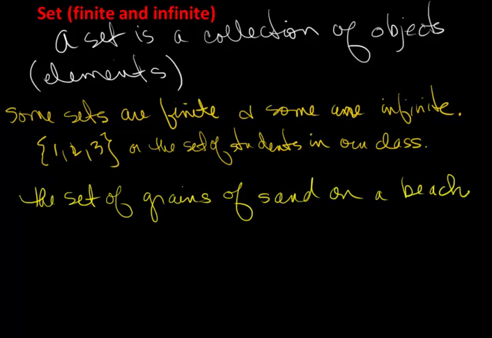Well, we know that that is a finite number of them. At any given time, there is a finite number of grains of sand. They're not infinite. But we don't know what that number would be. Another example would be the number of hairs on your body.